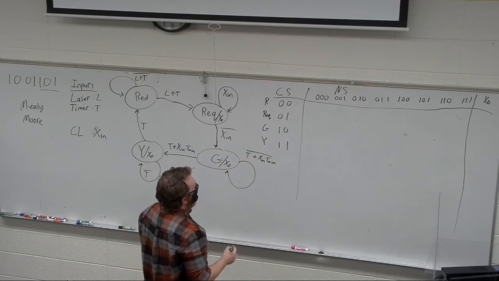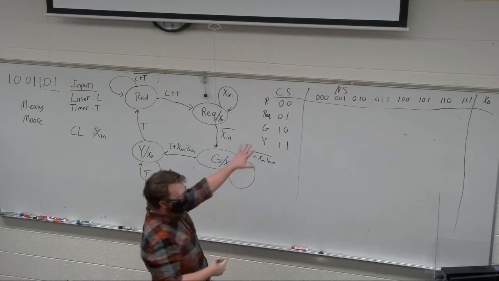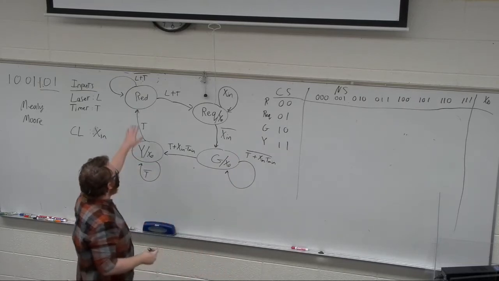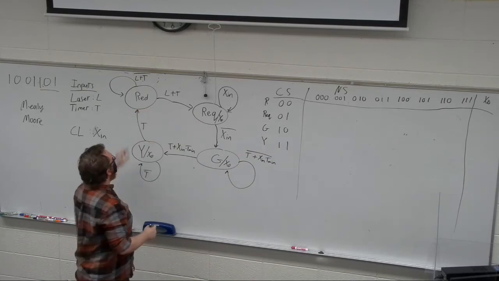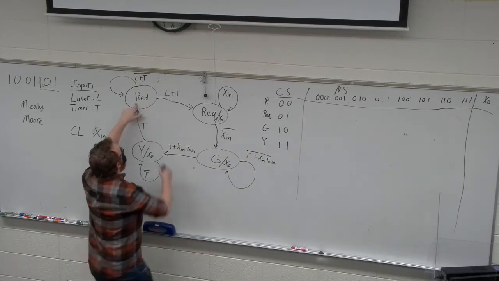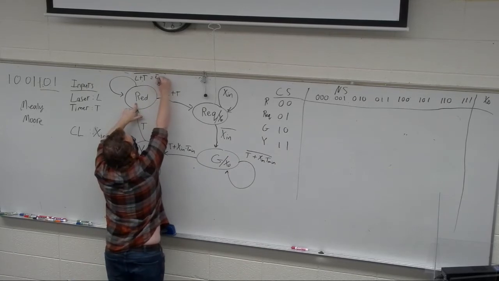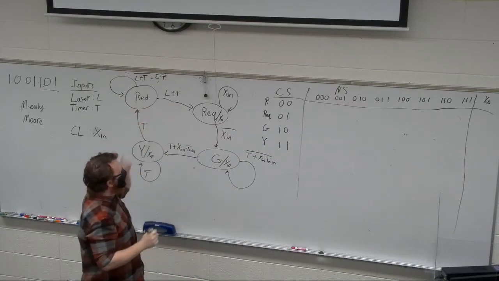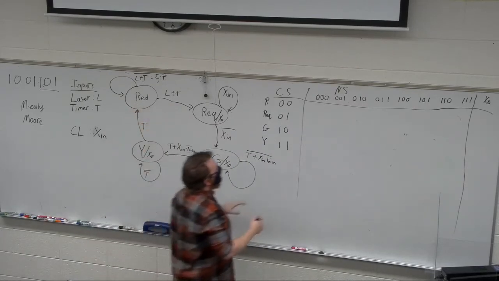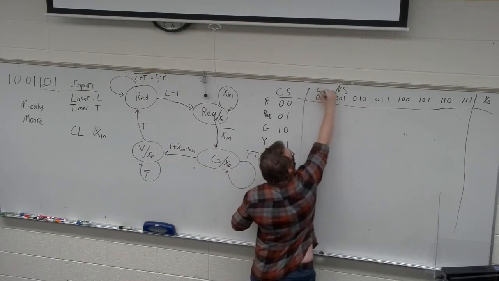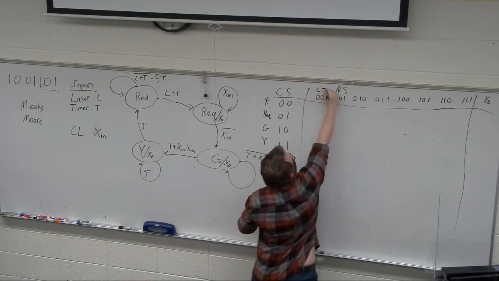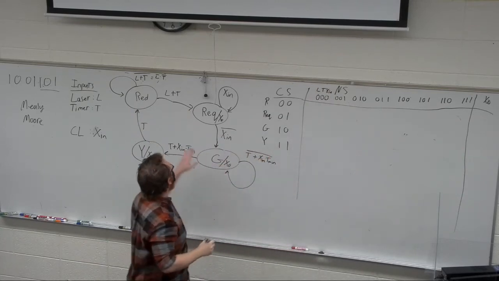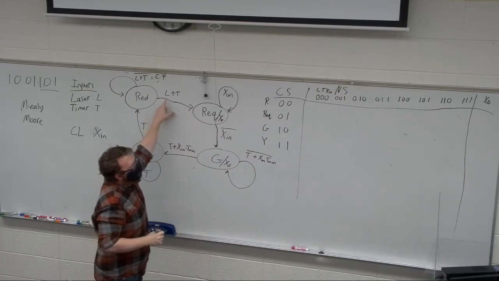Next state is saying, based on these inputs, where do I go? Well, we know it's either red or request, and we go to red if we have not L and not T, or request if we have L or T. So if I define these as L, T, and X in, I can start looking for anywhere that L or T happens.